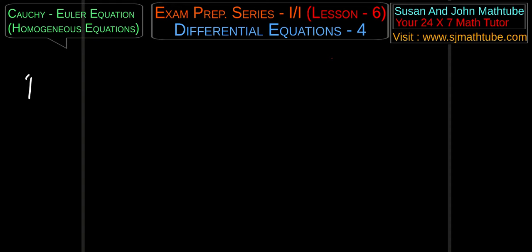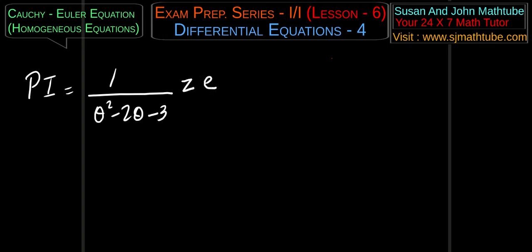Now for the particular integral. The particular integral will be 1 by operator minus 3 and z into e to the power 2z. Now, is it type 1 or type 2 or type 3 or type 4? It is a product combination of type 1 and type 3. So what's the method?